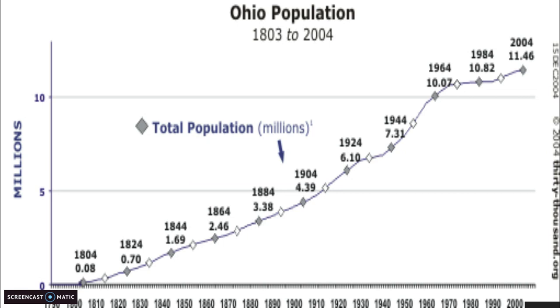The only states that were larger were New York and Pennsylvania. So Ohio became the third largest state, which means its people had a lot of influence on things like presidential elections, new laws, and other government decisions. So Ohio has become a big deal in the United States.